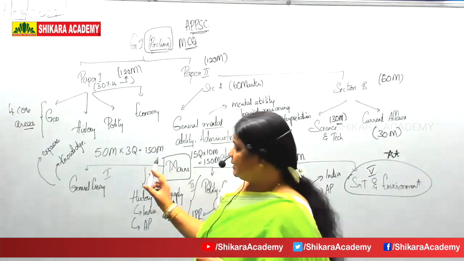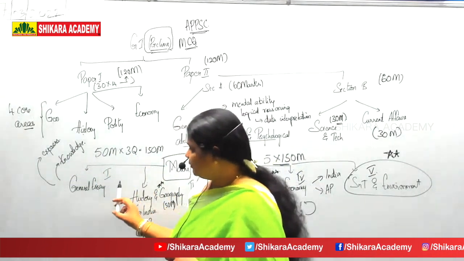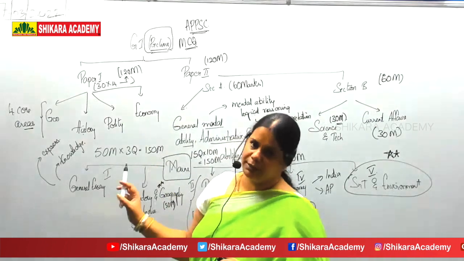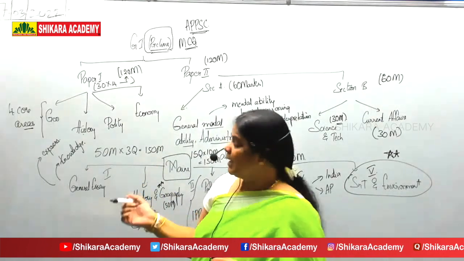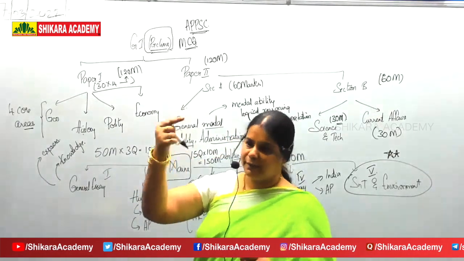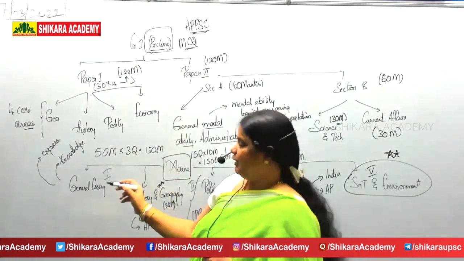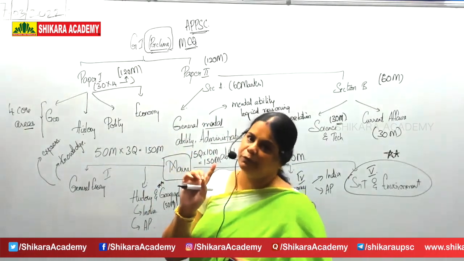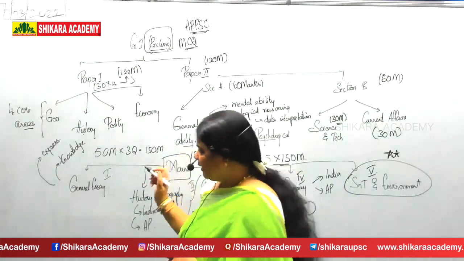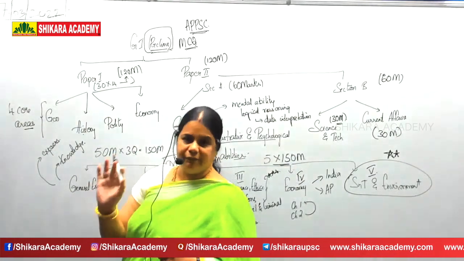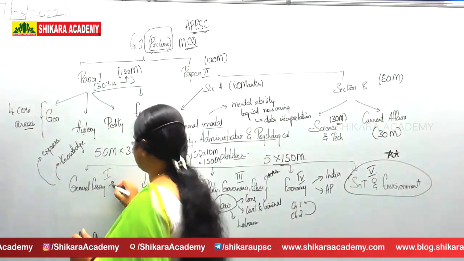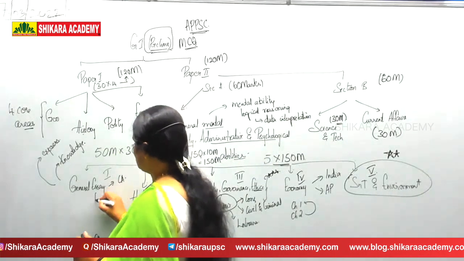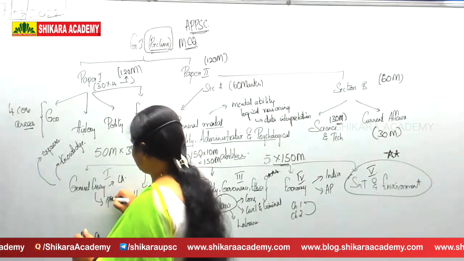General essay is important from the perspective that it is easy to score in general essay. You have a wider choice, because in the remaining 4 papers, it is either or, A or B. But here you will have 3 essays and you have to choose one. Okay. Now when we come to the topics, they have listed 7 broad categories in general essay. They said current affairs. They said socio-political issues.